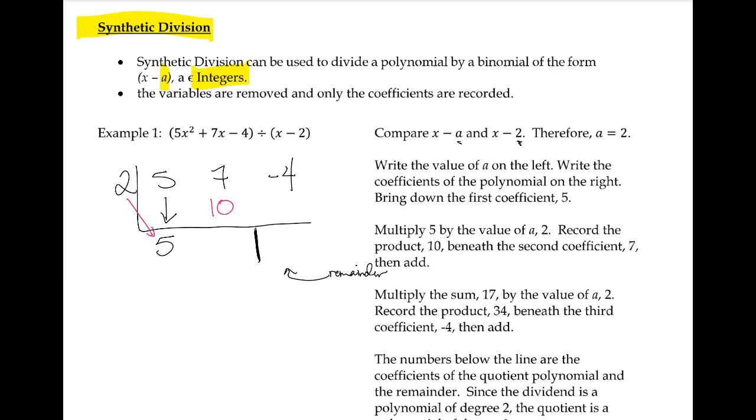Okay, so step 1 was just rewriting the 5. Step 2 was multiplying 5 by the value of a, which was 2, rewriting it under as 10, and adding it, which is 17. We're then going to multiply 2 by 17, which gives me 34, and we're going to record that under -4. We're then going to add these, and that gets me 30. That was my third step.